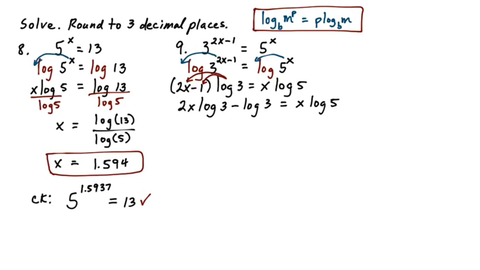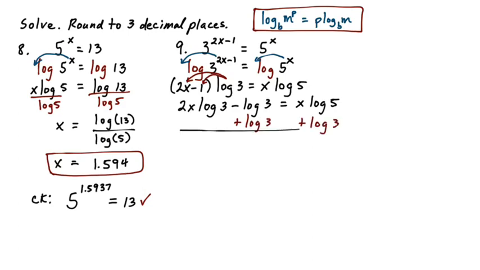Now we're trying to solve for x, so I need to get the terms that have an x in them on both sides. I'm going to do it in a couple of steps, and by the way, I want to get rid of this term and get it on the other side, on the right. I'm going to do it in two steps, although you really could do it in one. It doesn't matter, you can take one step if you prefer.